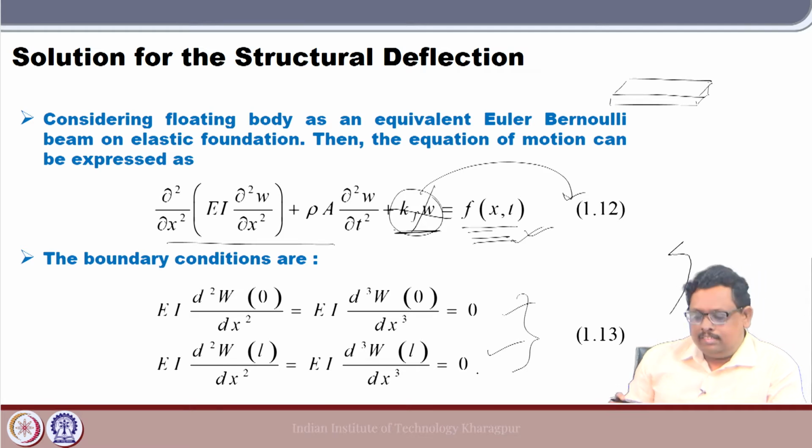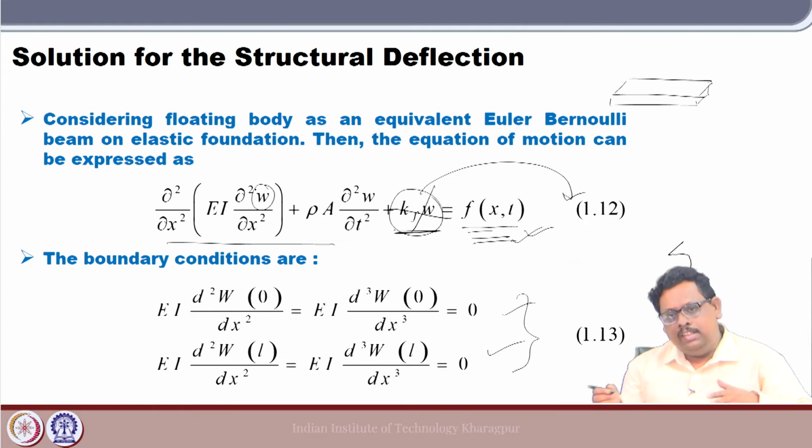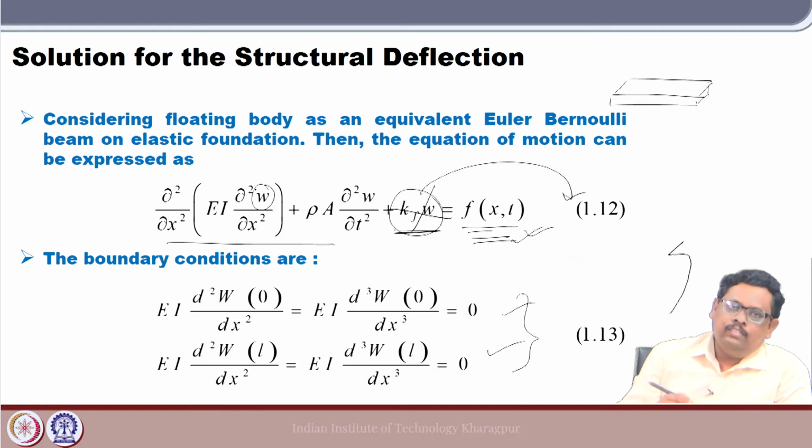Now, how can I solve this differential equation? There are so many ways you can do that. You can see here w is a function of both space, that means x, as well as time t. So the basic idea is to convert this partial differential equation into an ordinary differential equation in terms of t. There are many ways of doing it.